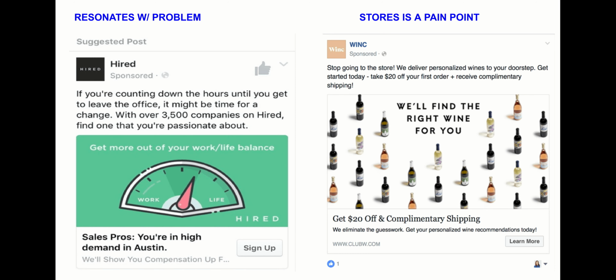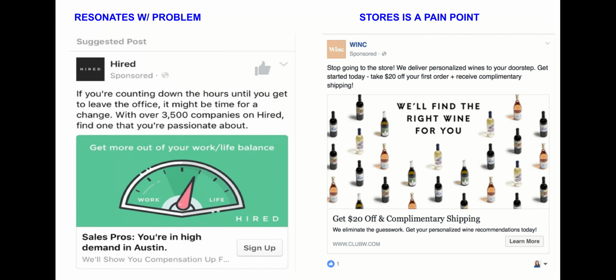So let's look at this particular example. We've got a couple ones here. Is it clear and compelling? Ask yourself that. Stop going to the store. We deliver personalized wines to your doorstep, right? Does it have an emotional hook? Yeah, I mean, I don't need to go to the store. Or, you know, if you're getting tired of your work, go ahead and change your job.